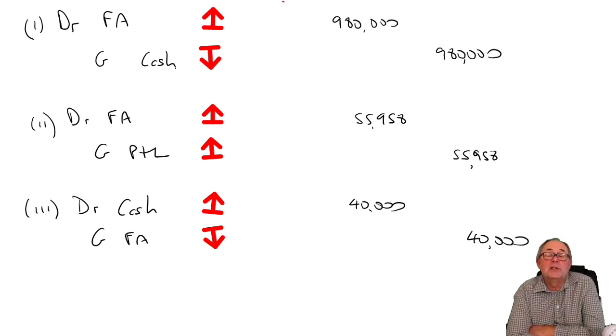Also teaches us or reteaches us that shares always measure at fair value. Gains or losses, P&L or OCI. OCI if you make an irrevocable election. There's quite a lot there, so you may want to listen to this part of the recording again. But that's it for financial assets.